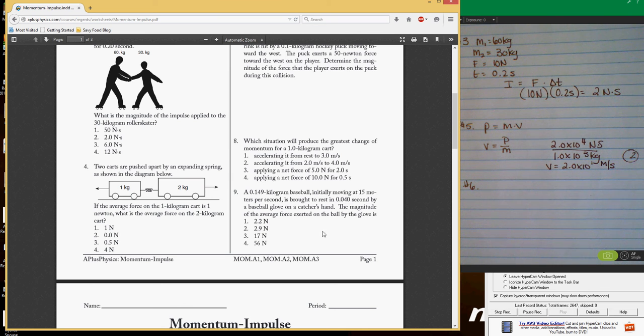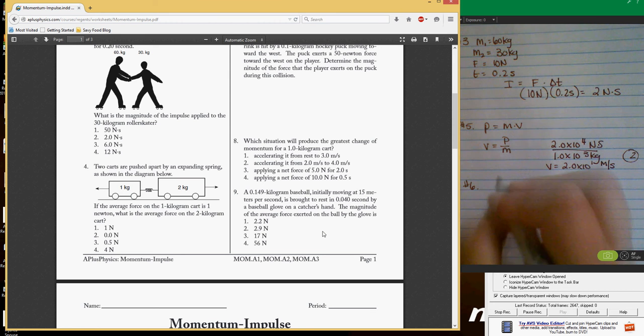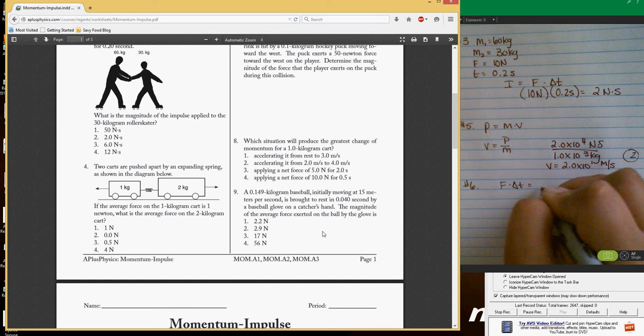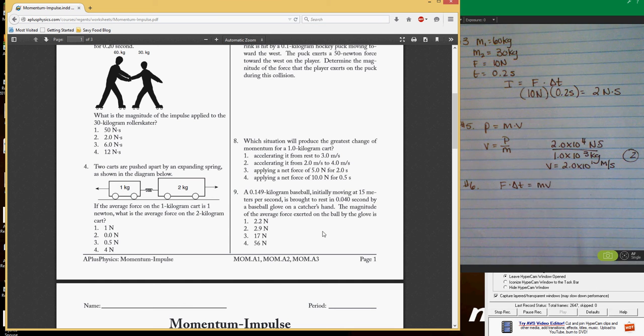For number 9, a 0.149 kilogram baseball is caught by a baseball glove on a catcher's hand. The magnitude of the average force exerted on the ball by the glove is... So we are looking for the force that's being applied. So that means we're using our equation F times delta T equals m times v.